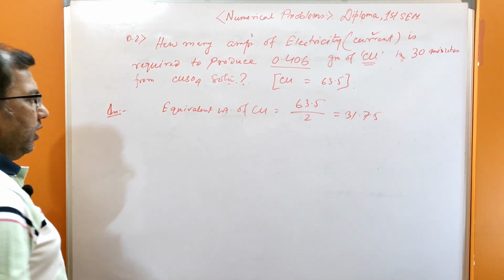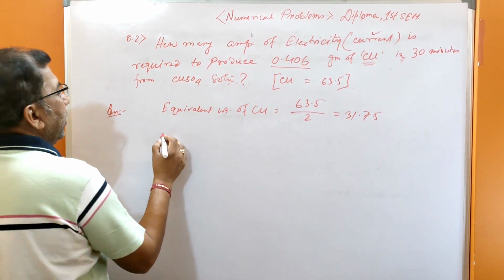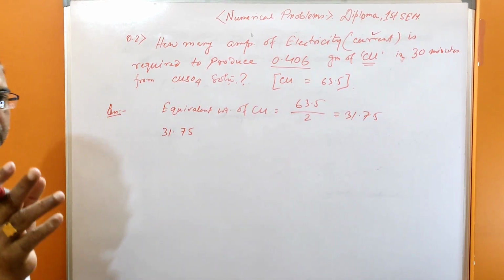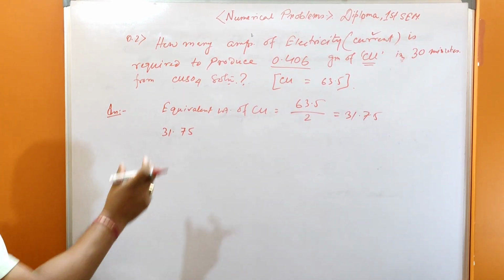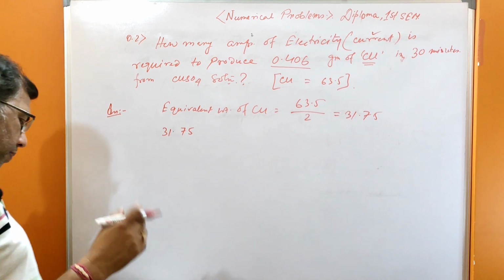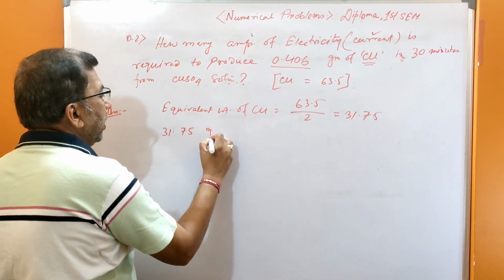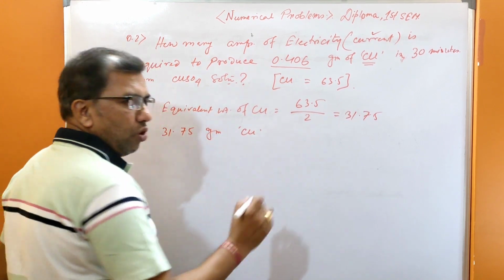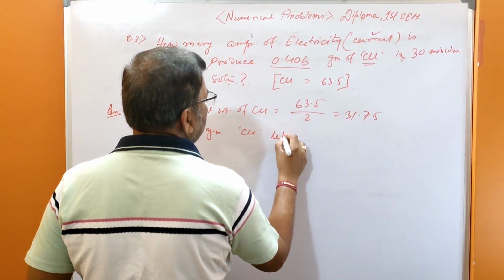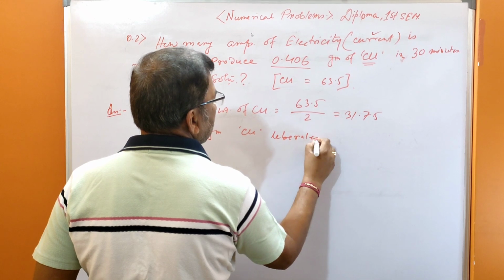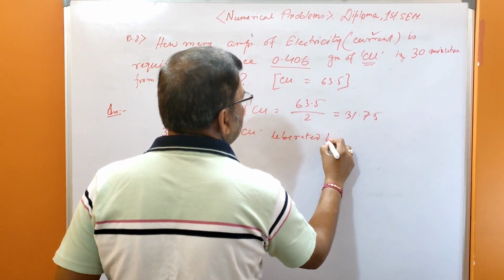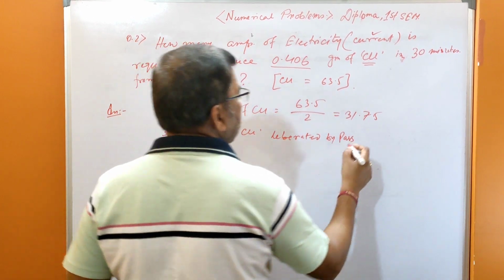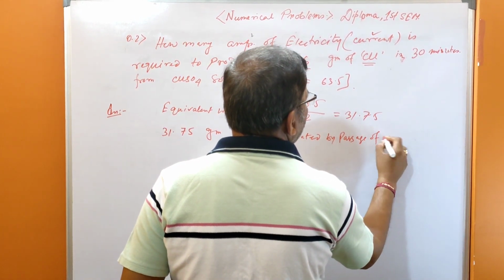That means write 31.75 gram of copper deposited, liberated by the passage of 1 Faraday.